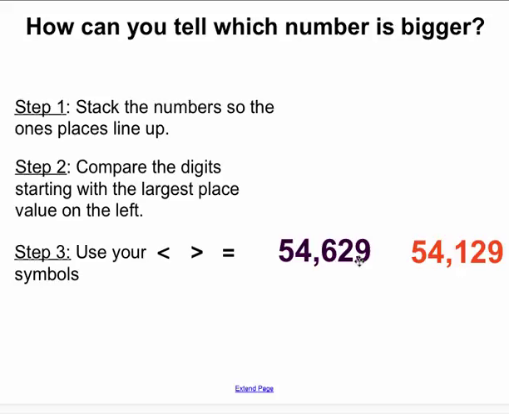I want to think about the number that is greater and make sure that the alligator's mouth eats that bigger number. So I'm looking for the symbol with the alligator's mouth going towards the greater number. I'm going to put it right in the middle of these two numbers. Now we can see that alligator's mouth chomping up that bigger number. Time to move on to the next slide.